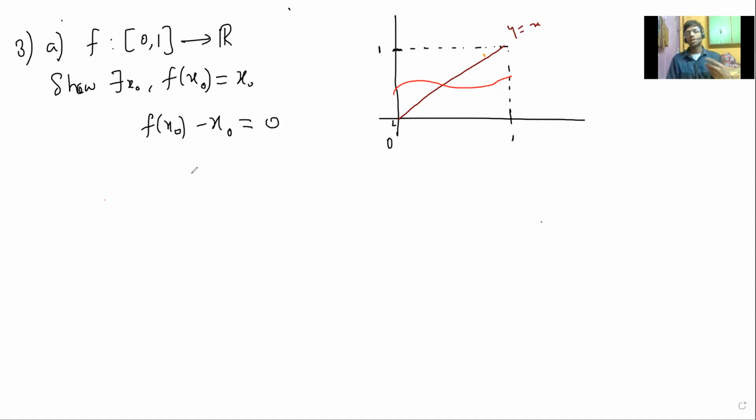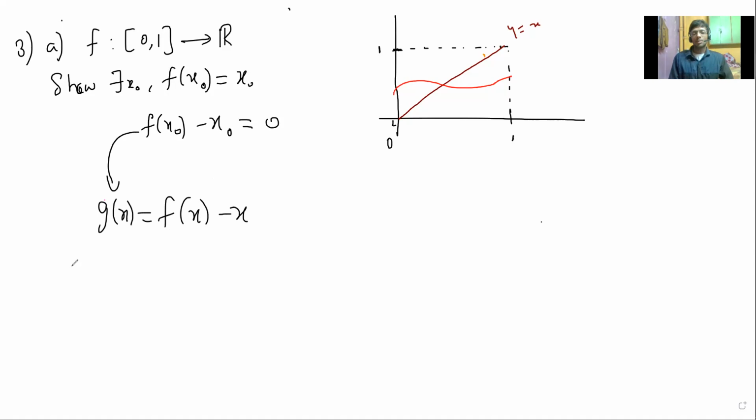So what do we do? We make a function out of this. What function can you make out of this? There's only one function you can make, which is f of x minus x. So we make this function, g of x. Now what do we want to show?